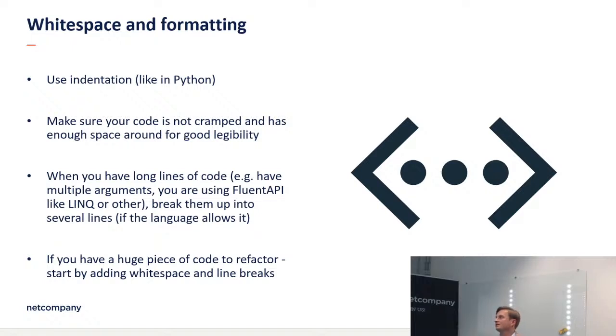And when you have long lines of code, first of all, that probably means you need to refactor it. But if you're using something like a Fluent API, which is LINQ, basically a Fluent API is an API that always returns the same type of object. So you can chain the calls like in LINQ, basically where, select, to list, group by, and you can chain it.